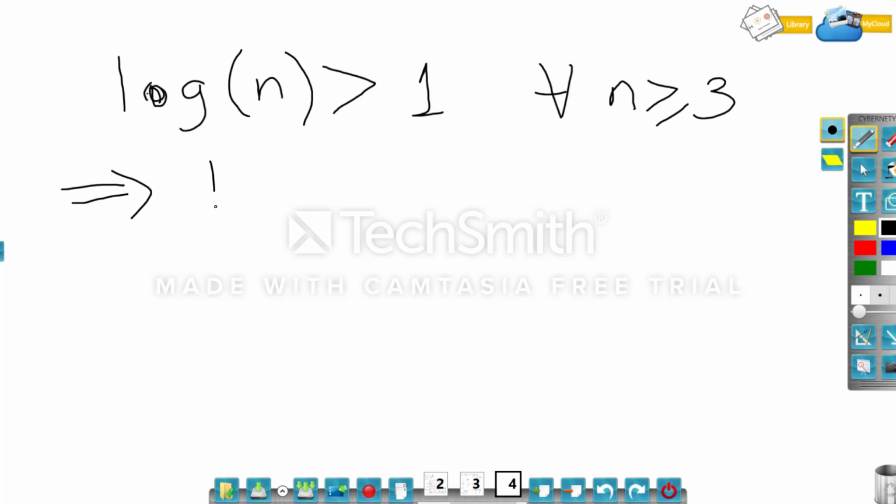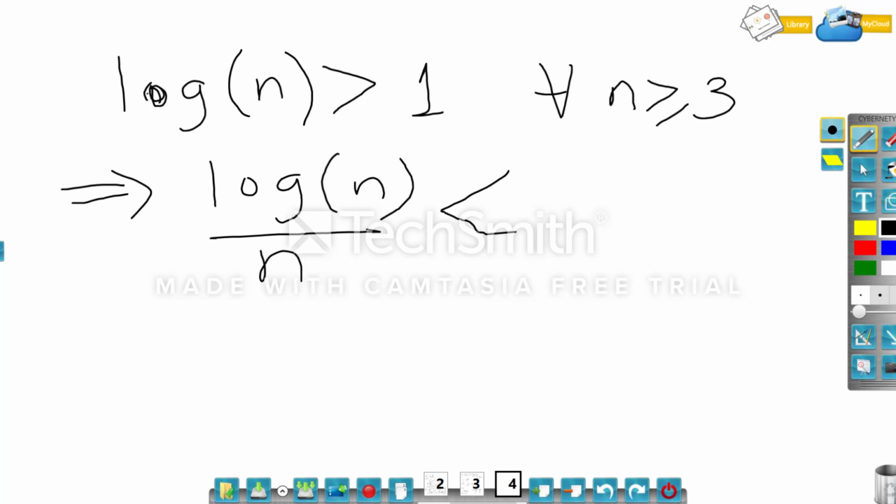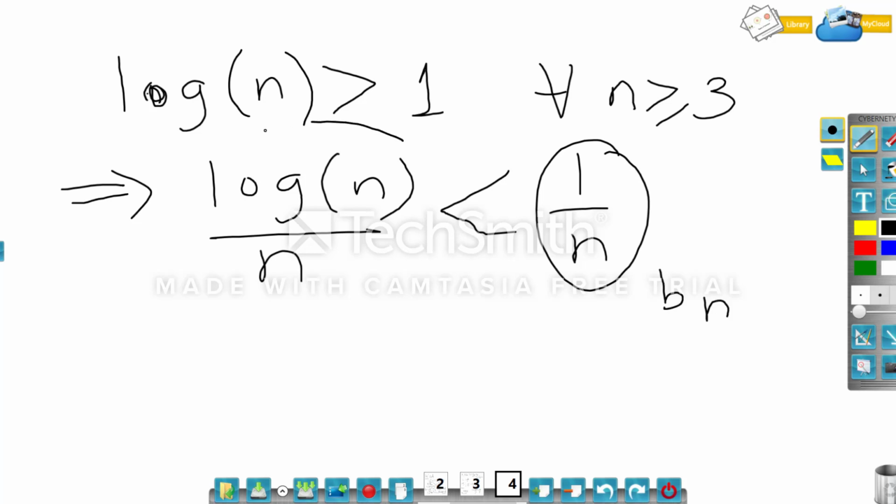This would imply log n upon n is greater than 1 by n. Now we can take 1 by n as the series Bn, and this we will assume as the series An. This is the nth term of the series An.